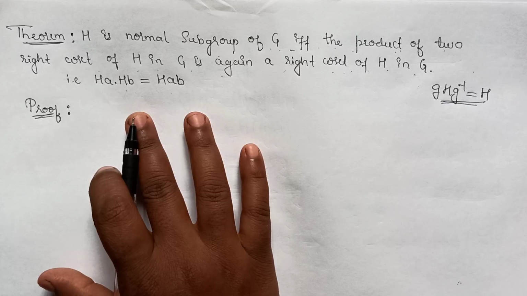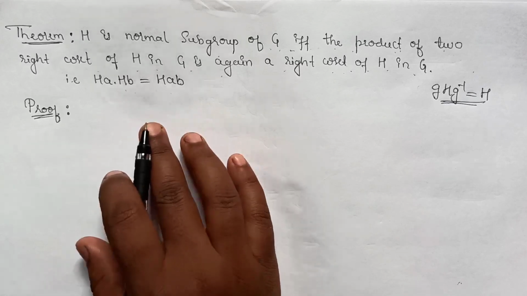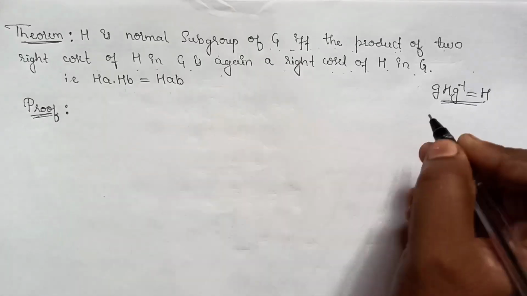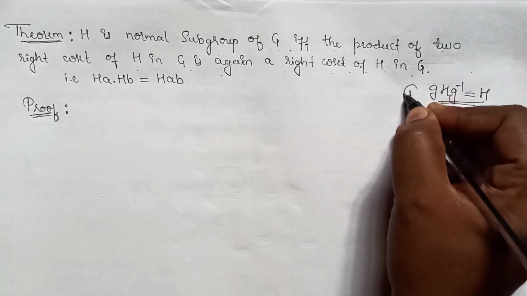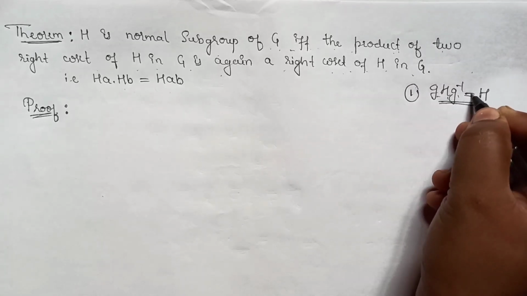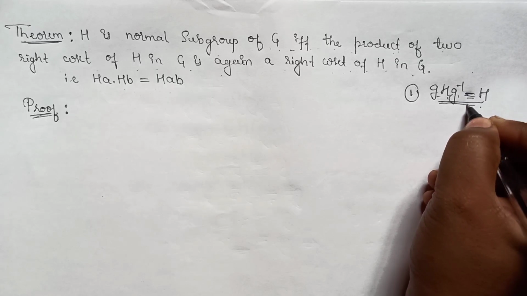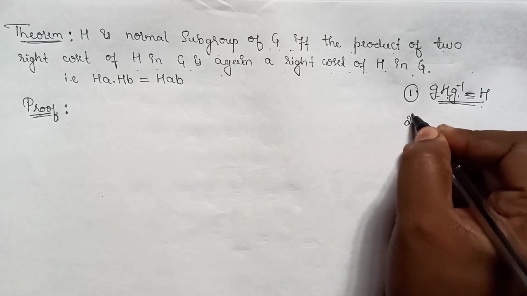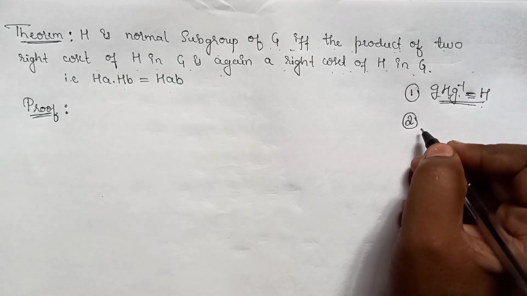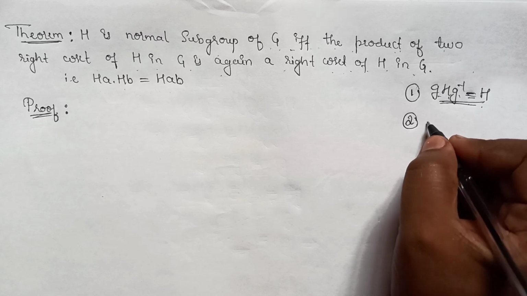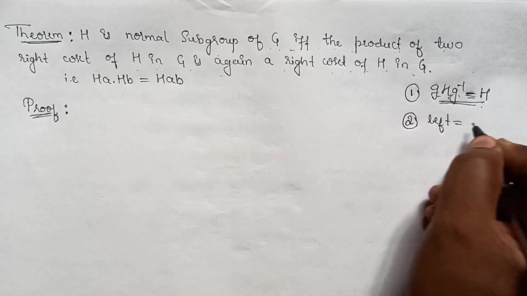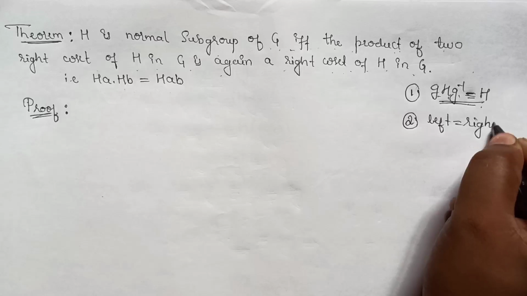H is said to be a normal subgroup of G if and only if one of two conditions holds, that is gHg inverse equals H. This is by the first theorem. And it is said to be normal if and only if left coset equals right coset.